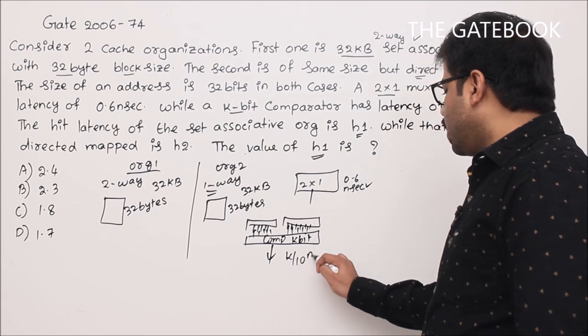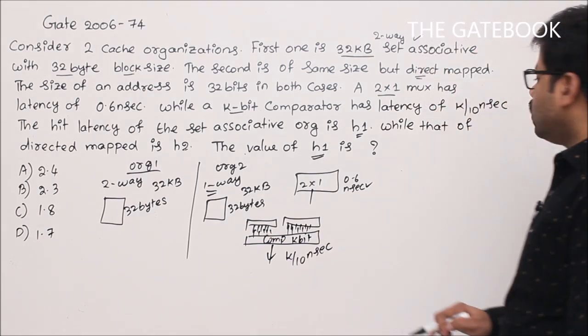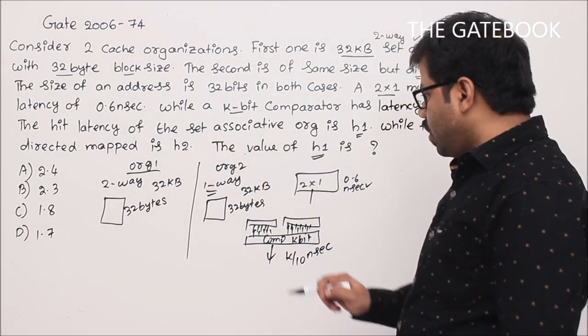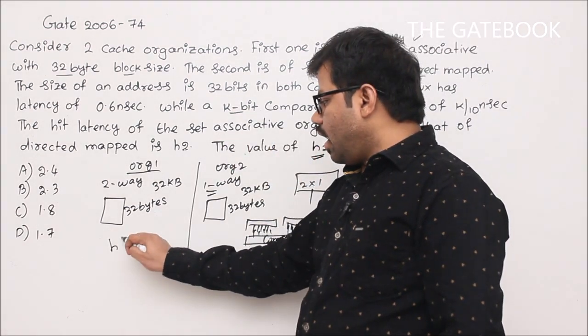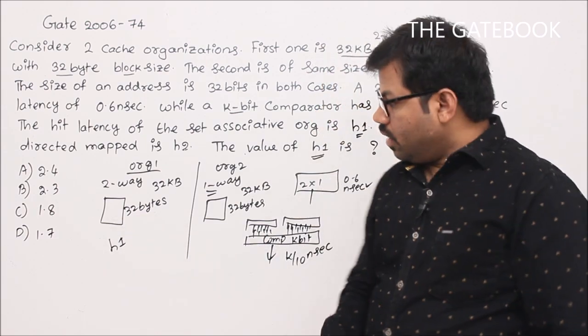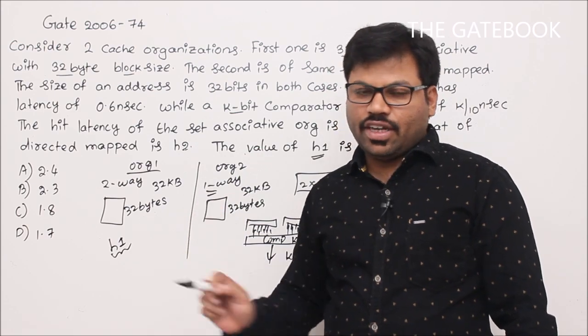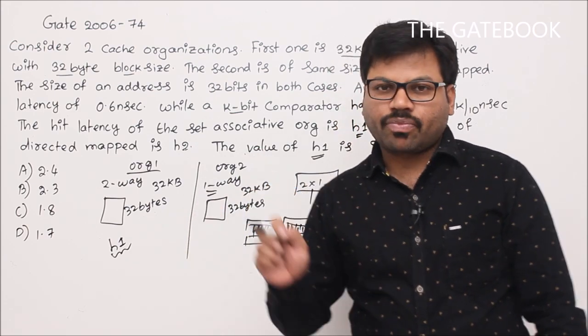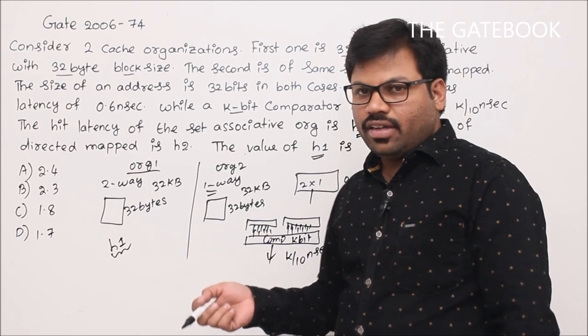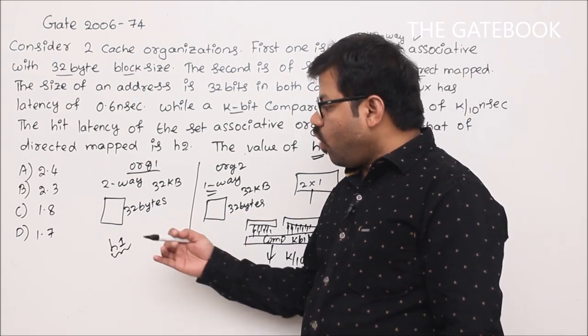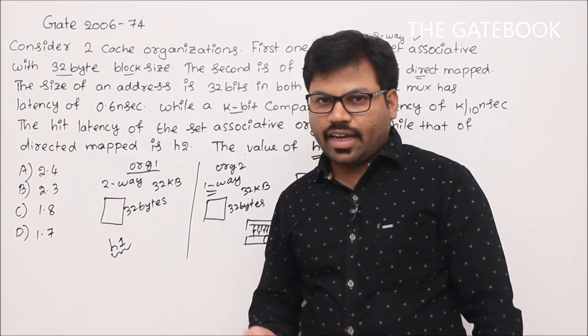Now the question is: the hit latency of the set associative organization is H1. So what is hit latency? I will tell you. Hit means data is available in the cache and you are searching for it. Then it takes some time to get it, right? Tell me what the bottleneck is in finding the data in the cache.